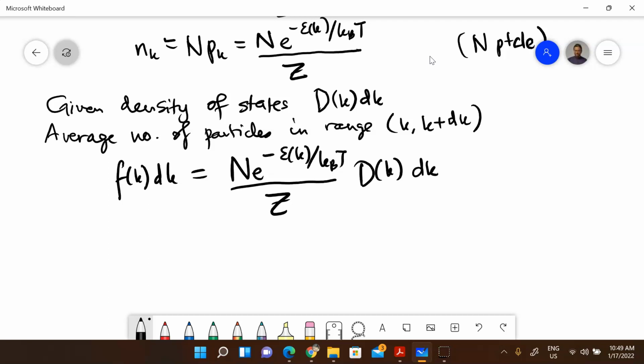Okay, so that is that. And let's recall for a free particle, one has worked this thing out before.